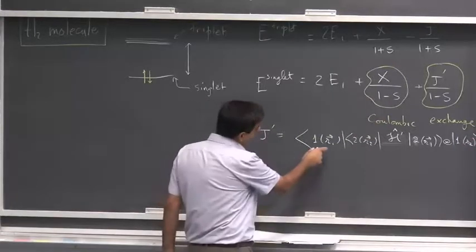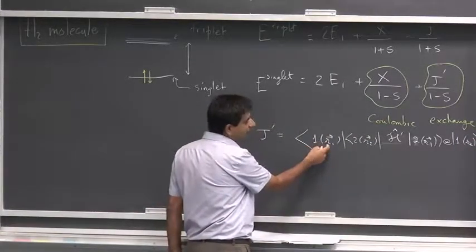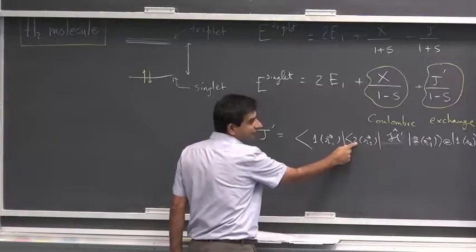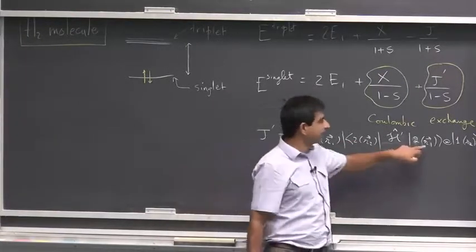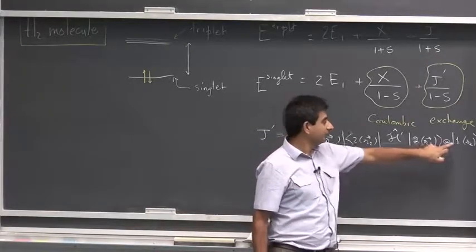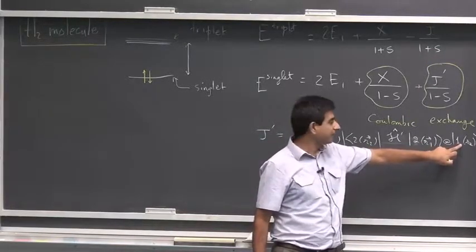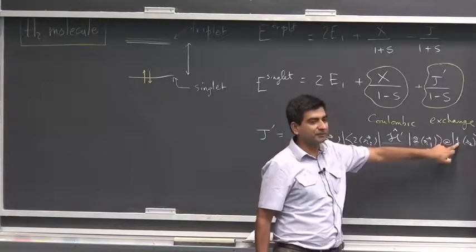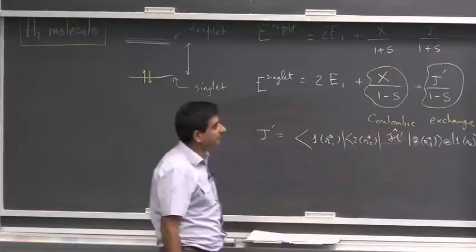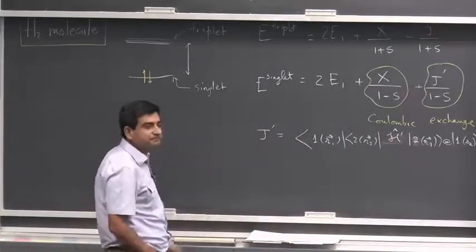So this term represents electron number 1 associated with nucleus 1, electron number 2 with coordinates R2 associated with nucleus B. This represents electron number 1 with coordinates R1 associated with nucleus 2, and electron number 2 is associated with nucleus number 1. So this is the J' exchange integral.